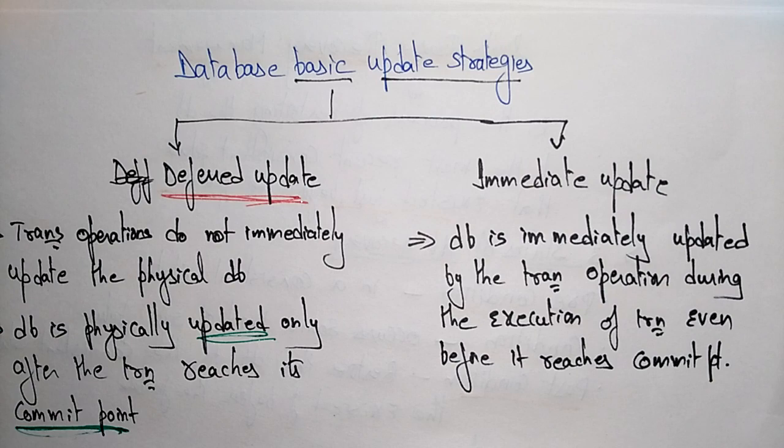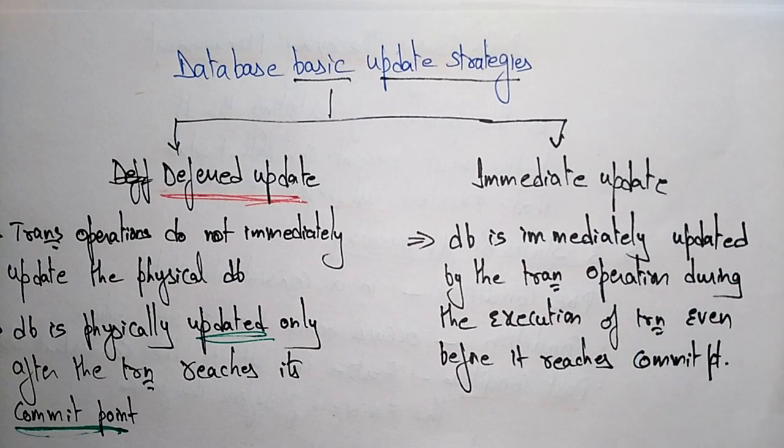Whatever transactions you are doing are automatically updated. Suppose you are working on a Word document with the automatic save option. Whatever you type is automatically updated with a time limit, say after every 5 minutes, even though you didn't save the file. That is the immediate update. Whenever you are doing the operations, it is automatically updating.